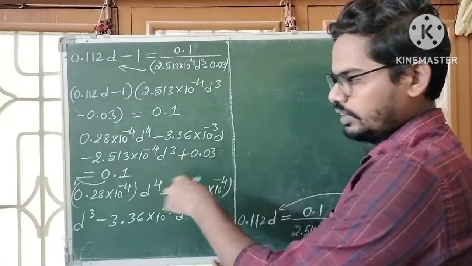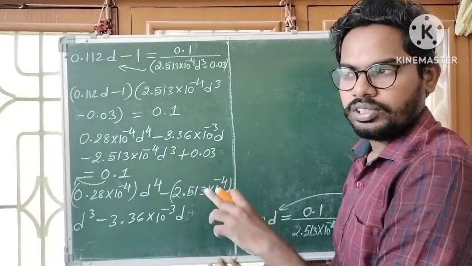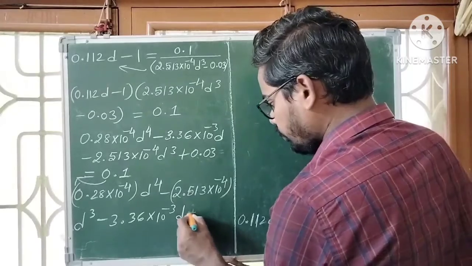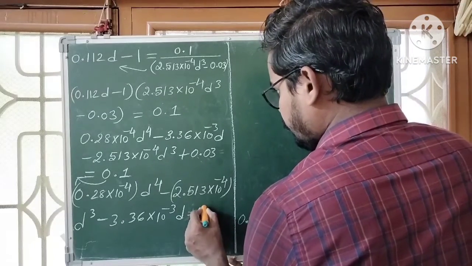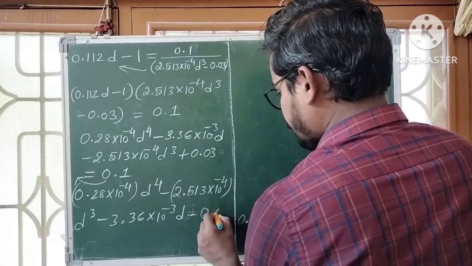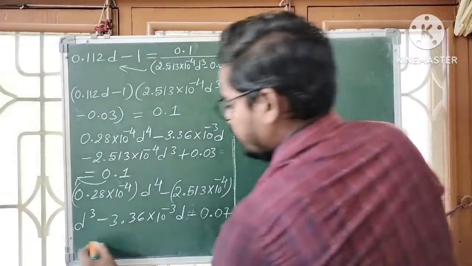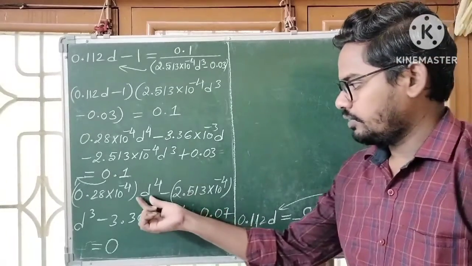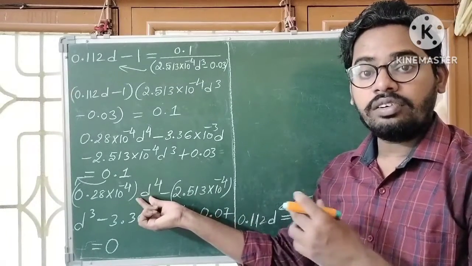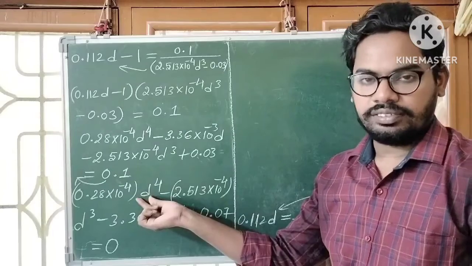So 0.03 minus 0.1, how much? Minus 0.07 is equal to 0. So this is a biquadratic equation.